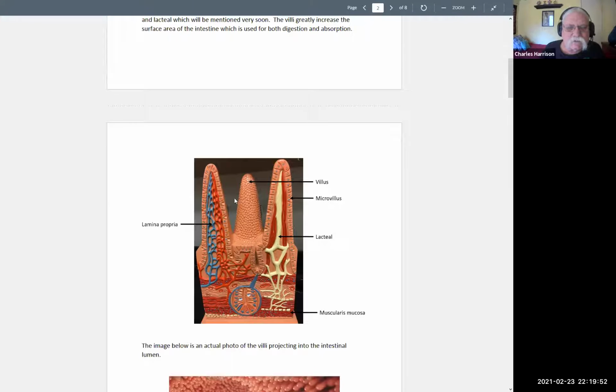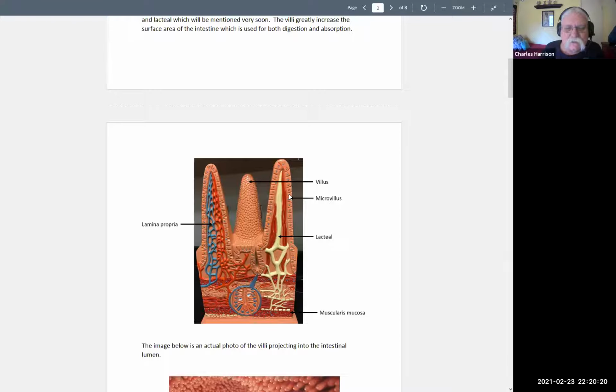This entire structure is a villus. This is, and this is as well. The outer layer of cells of the villus is an epithelial layer, and these cells are called microvilli.